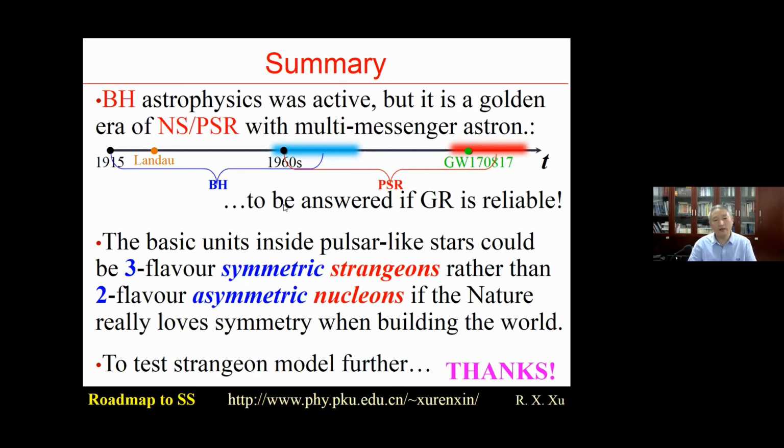I hope this brighter future could help all of our audience. So in this talk, I propose that the basic unit inside a pulsar-like compact object could be Strangeon rather than nucleon. The difference is only 2 flavors versus 3 flavors.